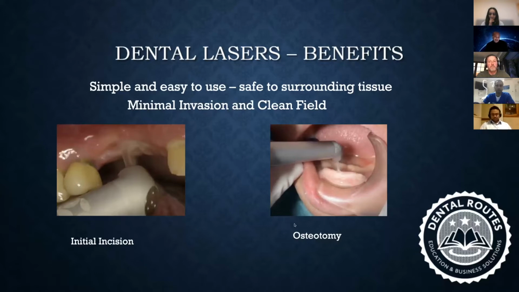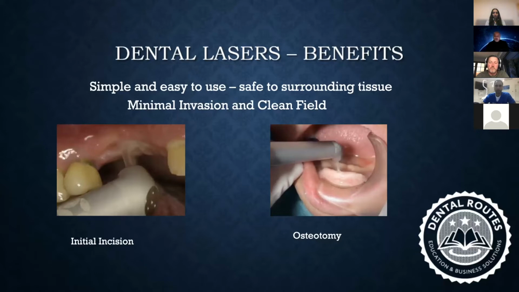The second thing I use it for is again to make that initial osteotomy within the bone where I need to place the implant. As we all know, when we use a drill, the first thing we were always taught about is how a drill can waver and get away from the site, the amount of tissue damage we might cause by the wavering drill, the vibrations in the hand, and so on. With a laser, you can see how the laser has gone through the gums and makes a very crisp, precise dimple in the bone.